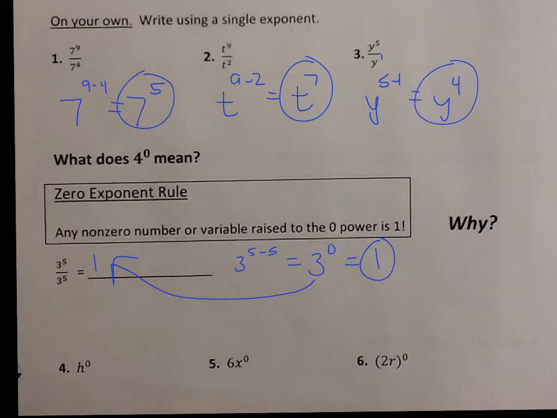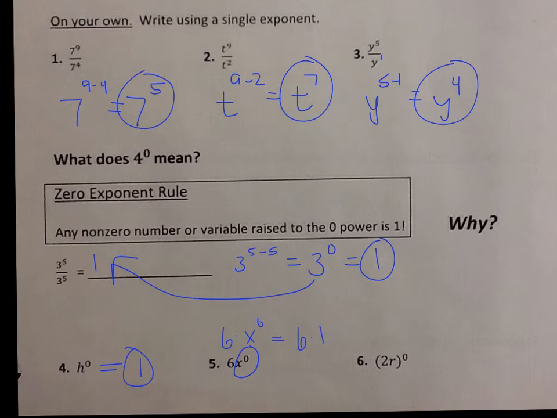So for number 4, h to the 0, you got it, it's 1. Number 5 is slightly more tricky. I want you to just take a look at the x to the 0 part to start with. And notice that that is being multiplied by the 6. And x to the 0 is 1.